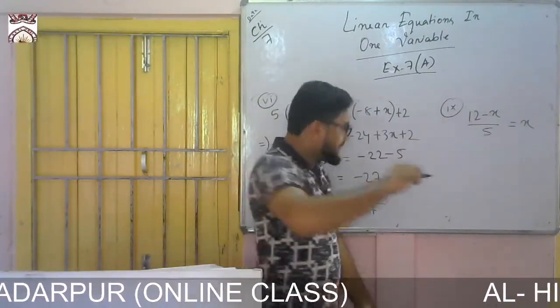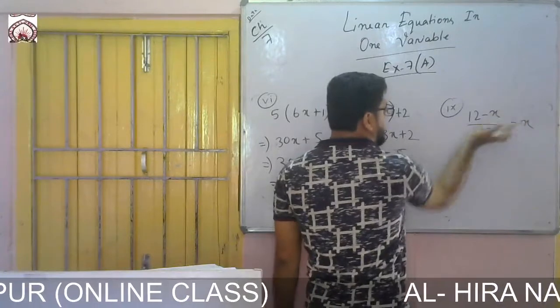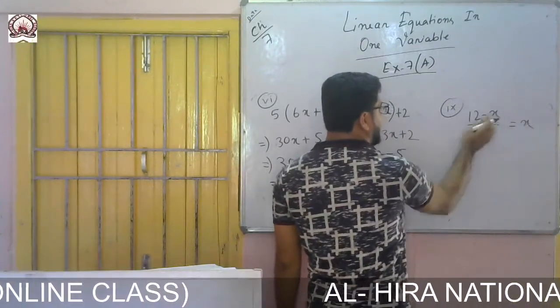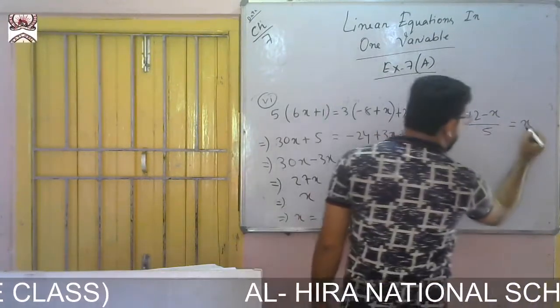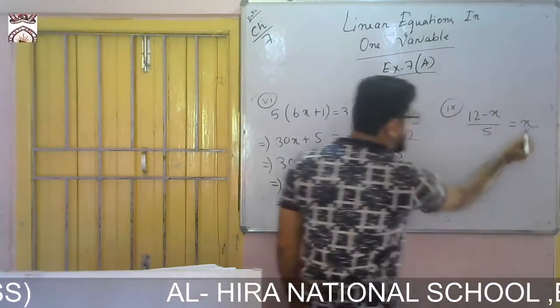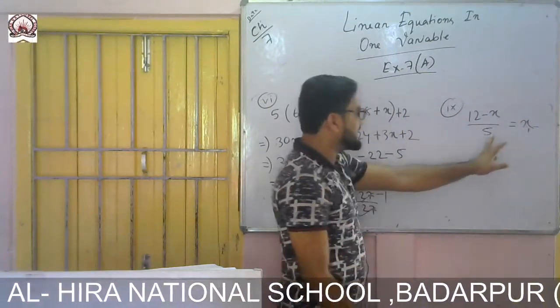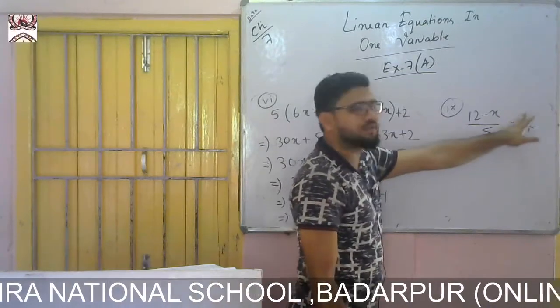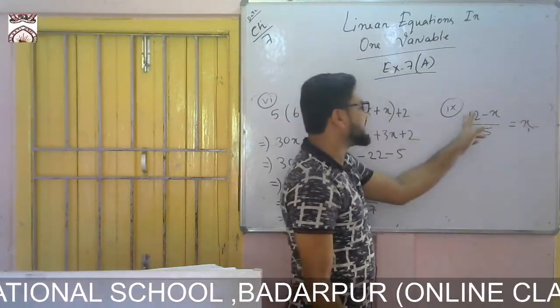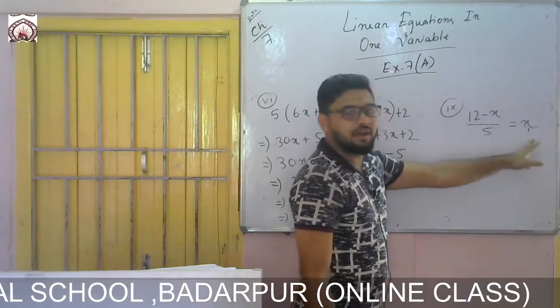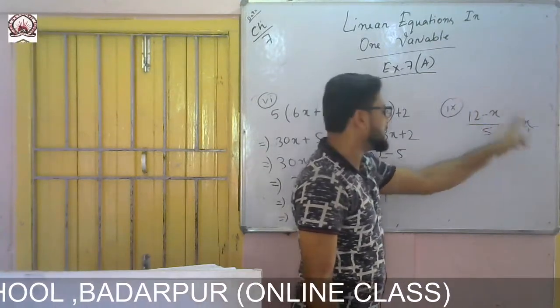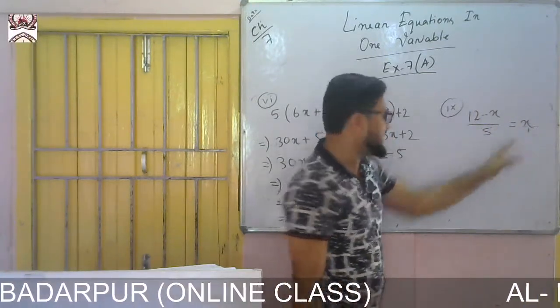That means multiply this with that and that with this: the denominator of the left side with the numerator of the right side, and the numerator of the left side with the denominator of the right side.